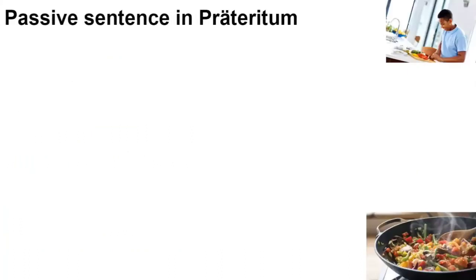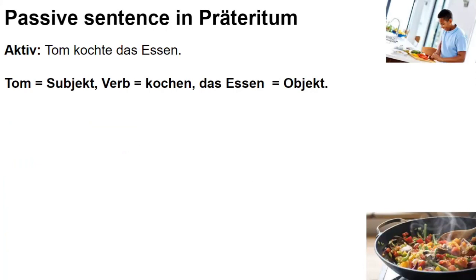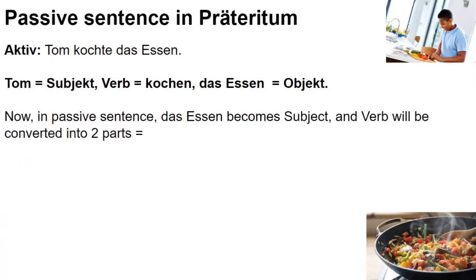Now, passive sentence in Präteritum, or we can also say Passivsätze im Präteritum. So, Tom kochte das Essen. So, das ist aktiv. Here, Tom, das ist Subjekt, Verb, das ist kochen und das Essen, das ist Objekt. Now, in passive sentence, das Essen becomes subject and verb will be converted into two parts.